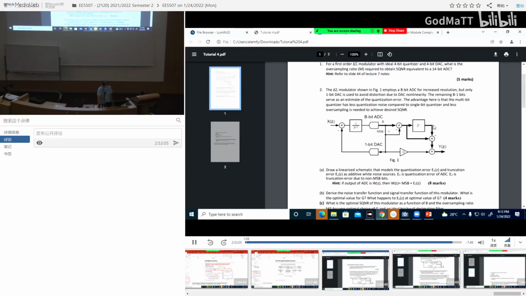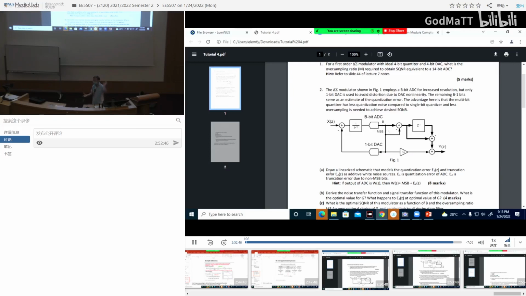Question 2 is quite challenging, but it's something you should see from the first order: one integrator, except that the quantizer now has multiple bits. The quantizer has B bits, and we take the MSB to feed back, and the non-MSB go through this circuit, and here we combine to get the output. First I ask you to draw the linearized diagram again. You know the meaning of linearized, right?